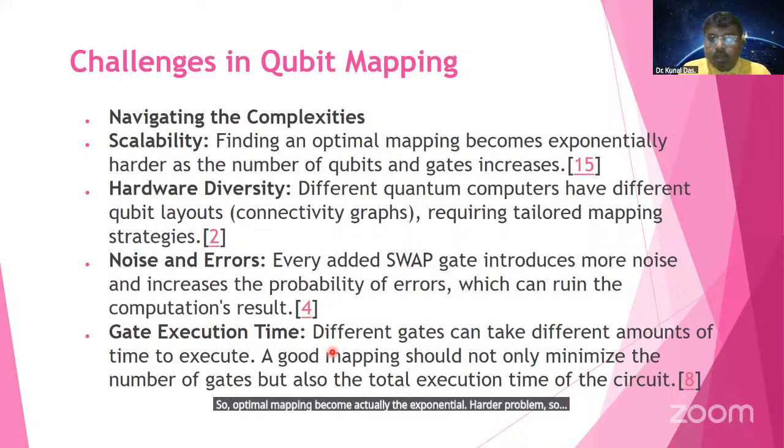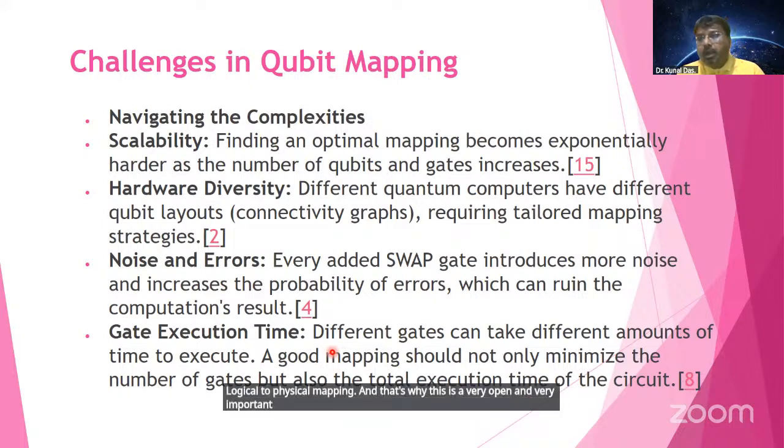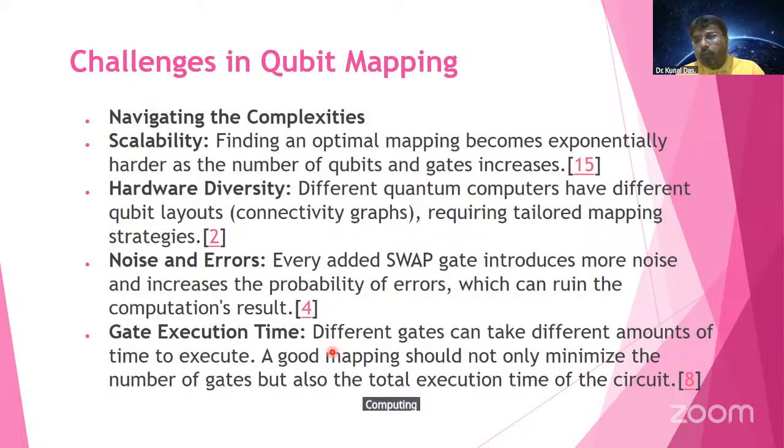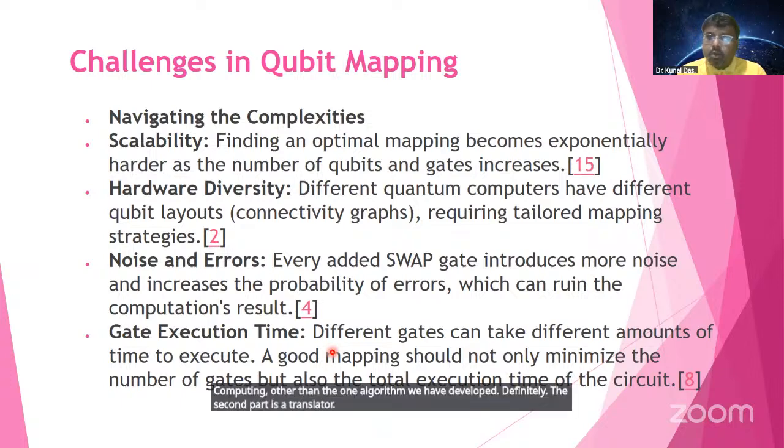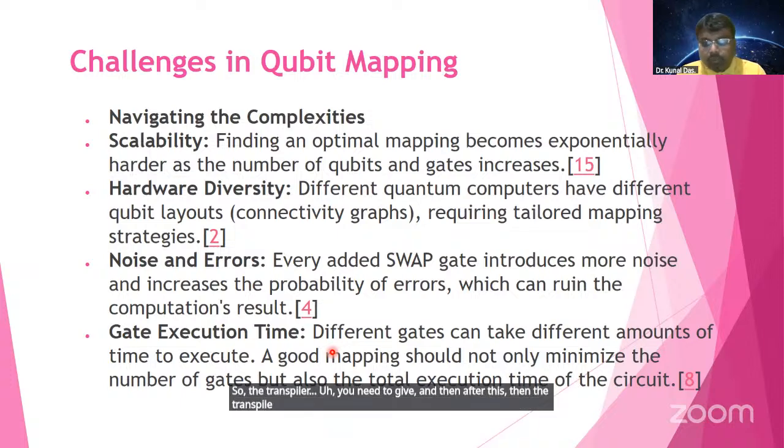As the number of qubits and gates increases, if we go for 1,000-qubit quantum computers, it will definitely burden us for logical-to-physical mapping. That is why this is a very open and very important part of computing, other than the one algorithm we have developed. The second part is the transpiler. You need to give the transpiler, and then after this you require the transpiled circuits.